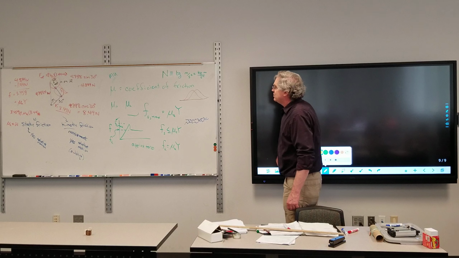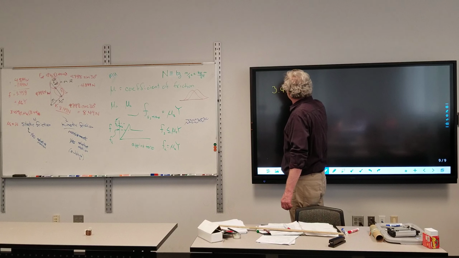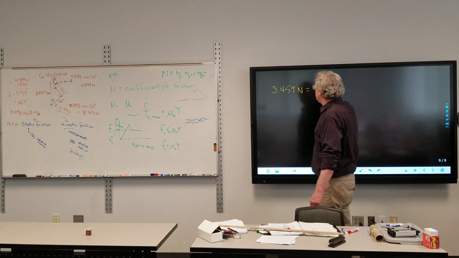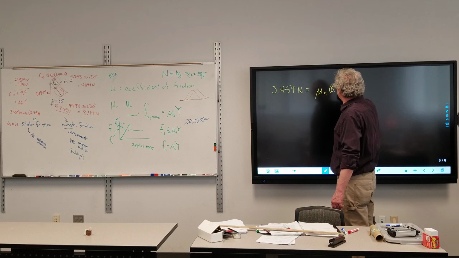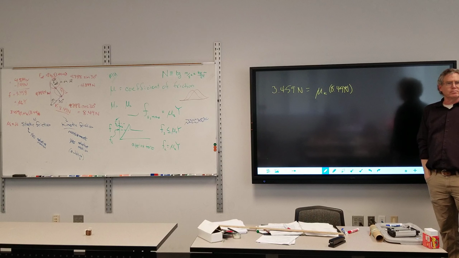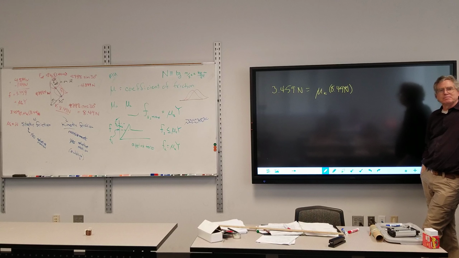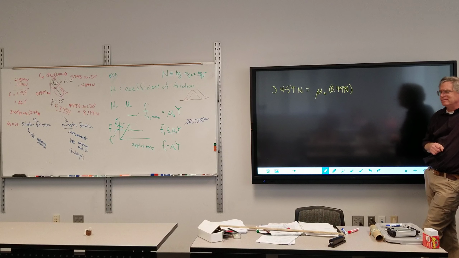All right, so we had 3.459 newtons equals my coefficient times 8.49. It's 8.49 newtons. So 0.4 what, newtons? No, not 0.4 newtons.